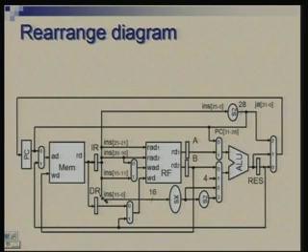So, there is a large number of control signals which are required, and also the control would be different in the sense that in every cycle there is a different set of control. Okay.